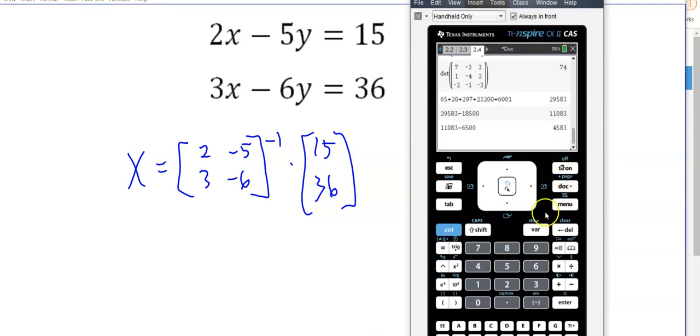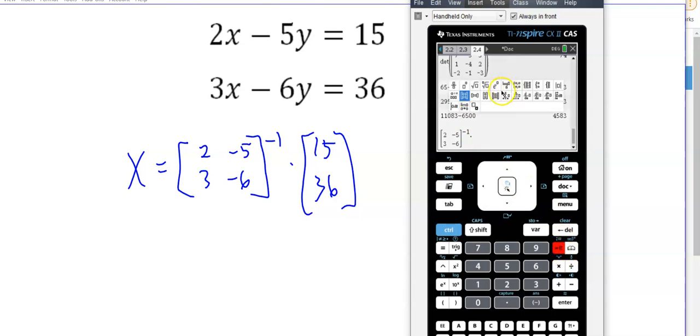So we're going to type in a 2 by 2: 2, negative 5, 3, negative 6, to the power of negative 1, which means inverse, times a 2 by 1.